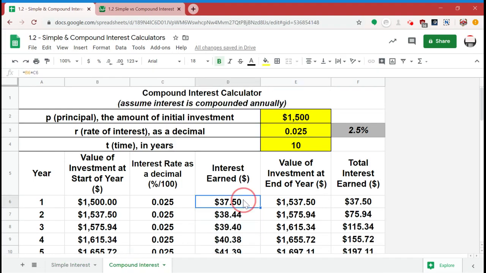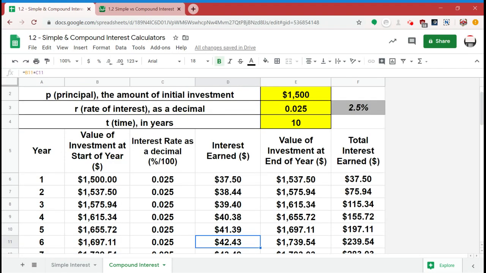But note that in compound interest, you earn $37.50 in year 1, but then that increases, and it continues to increase every year. So how are these calculated? Well, what's happening is in year 1, we earned $37.50 of interest.